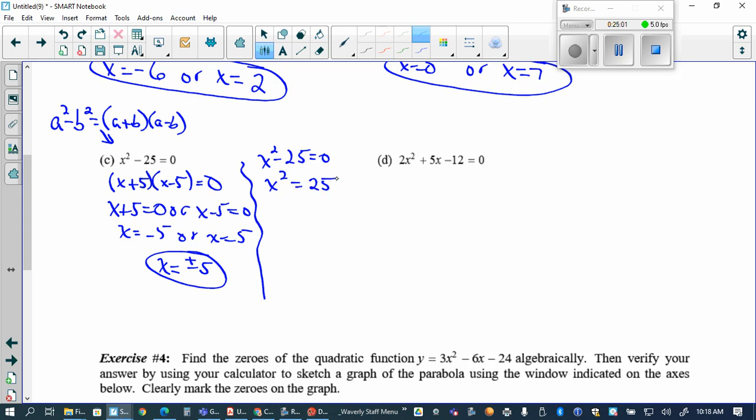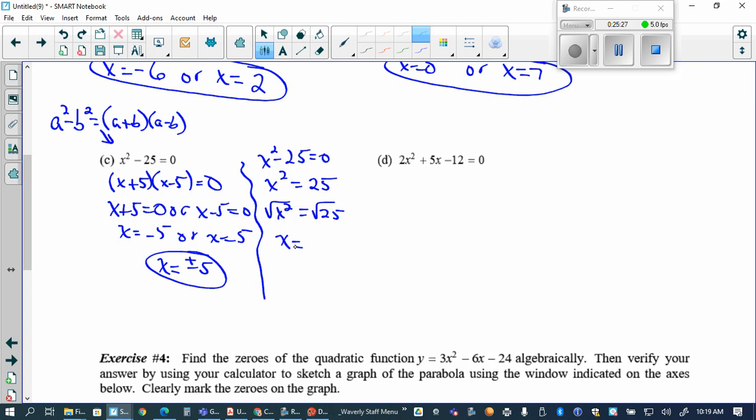Well, I don't want x squared. How do I undo squaring x squared? Take the square root. But I have to do what to the other side? Right? What's the square root of x squared? x equals, hold on. How many answers do we get when we take a square root? 2. So x equals what?